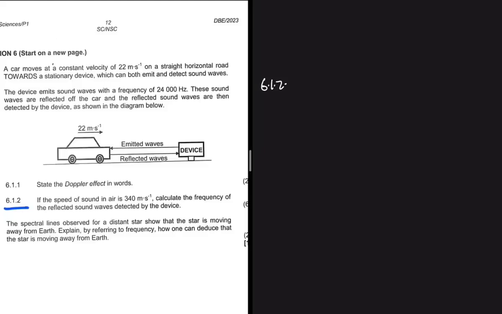So let's do a bit of conceptualization here. Let's put X as our vehicle and put our device somewhere here. The first thing that happens is our device emits a sound wave. So we have some frequency of source, Fs, and when it strikes the car, it's no longer Fs.